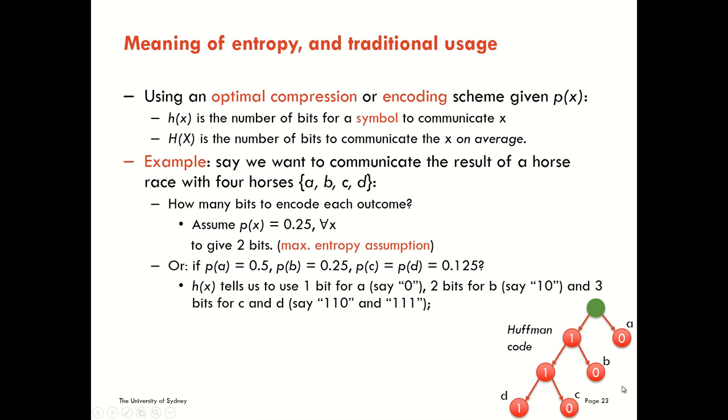So what we have now is a tree, and all we do as we go down the tree at each split is write a 0 and a 1 randomly. It doesn't really matter which way we do it, but a 0 or 1 on each node, so long as we have a 0 and a 1 here, the same as we go down here again, and the same as we go down here again.